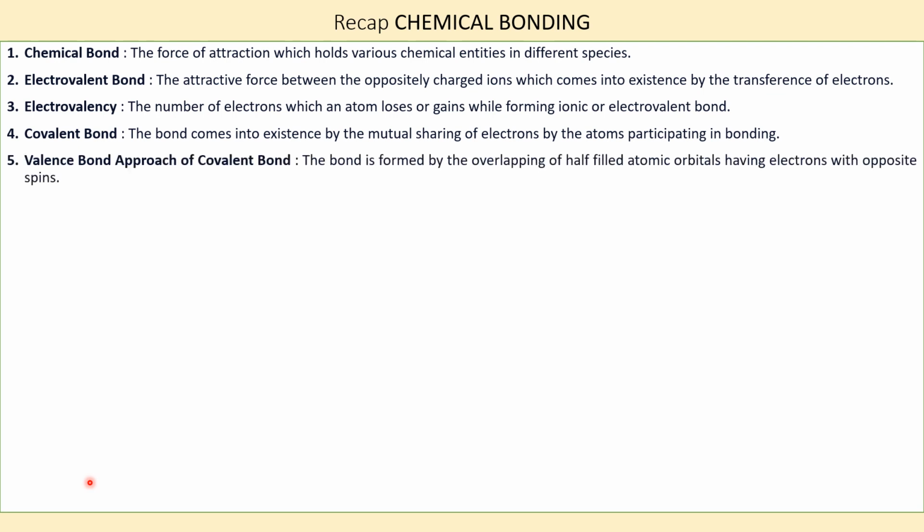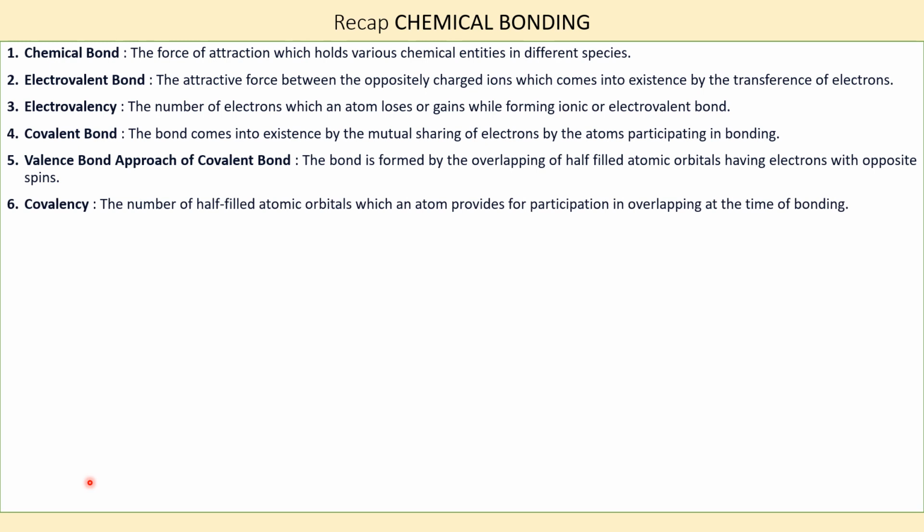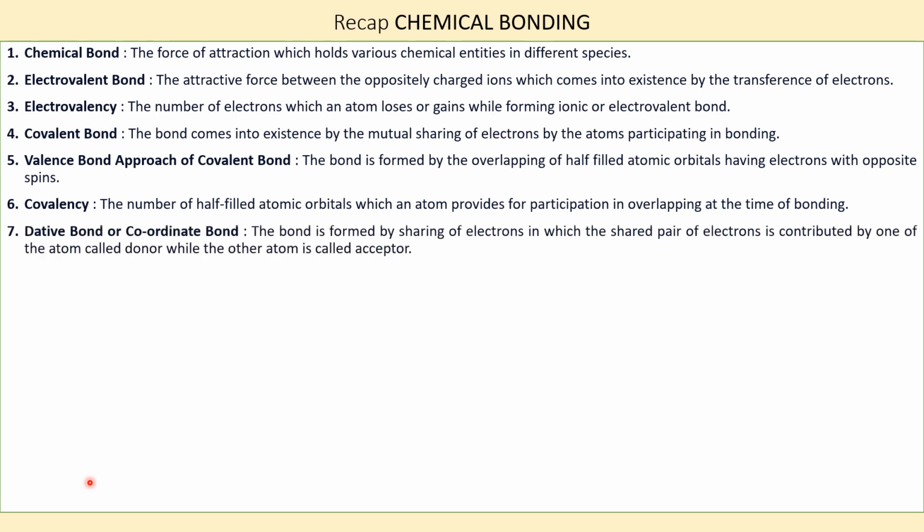Valence bond approach of covalent bond: the bond is formed by overlapping of half-filled atomic orbitals having electrons with opposite spins. Covalency is the number of half-filled atomic orbitals which an atom provides for participation in overlapping at the time of bonding.